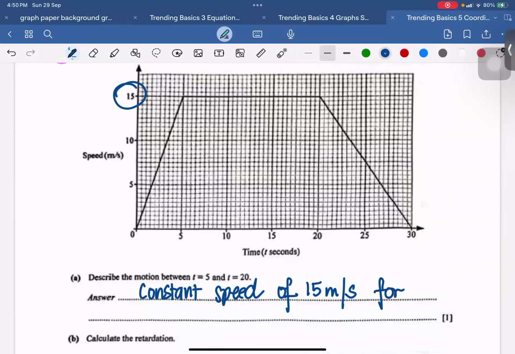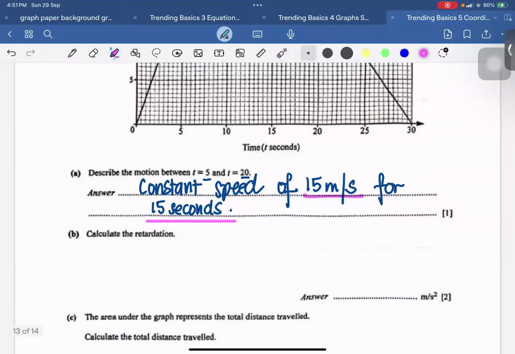For how long? From 5 to 20, 15 seconds. You can say the object, the particle, is traveling at a constant speed of the numbers. Give the detail. Don't just tell me constant speed, but for how long, for what time.